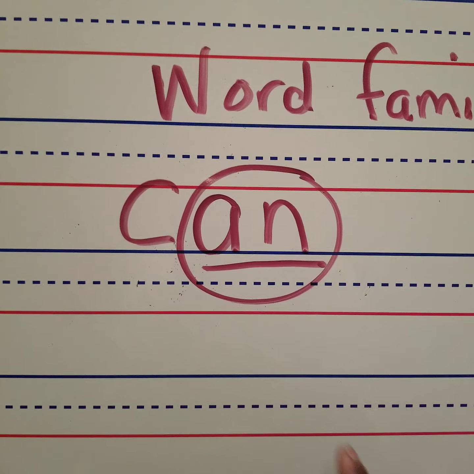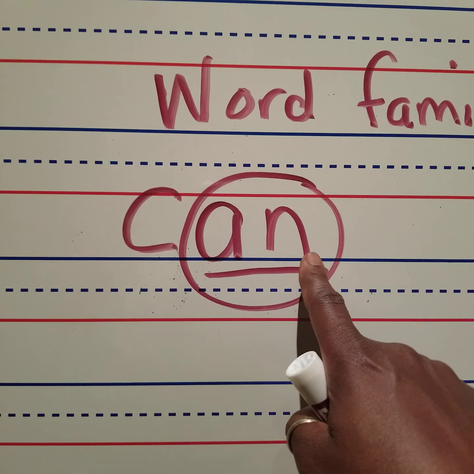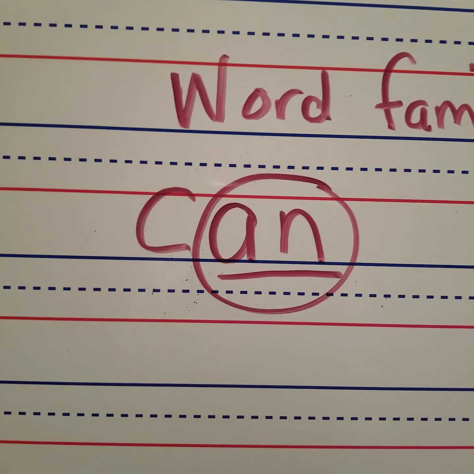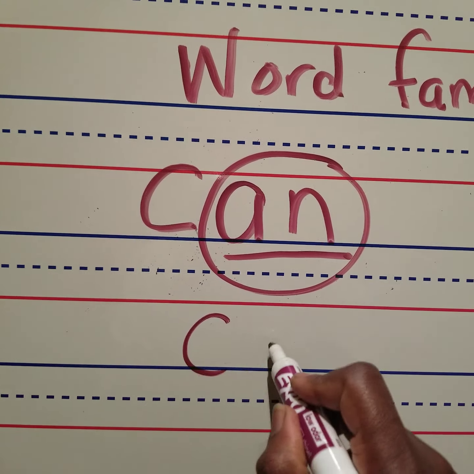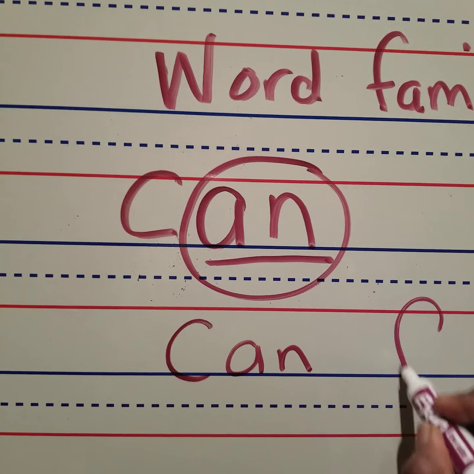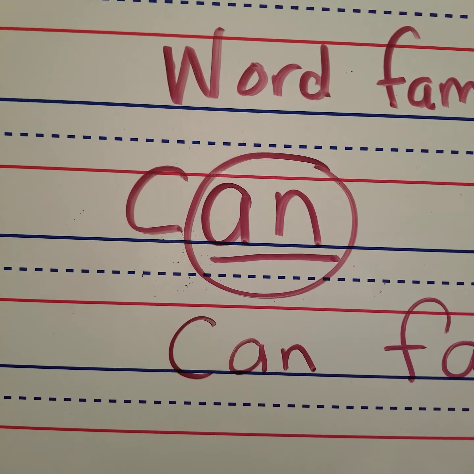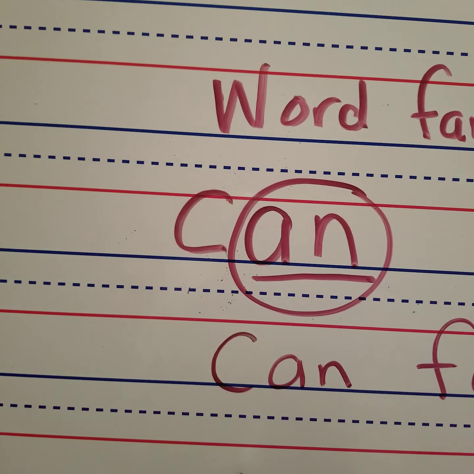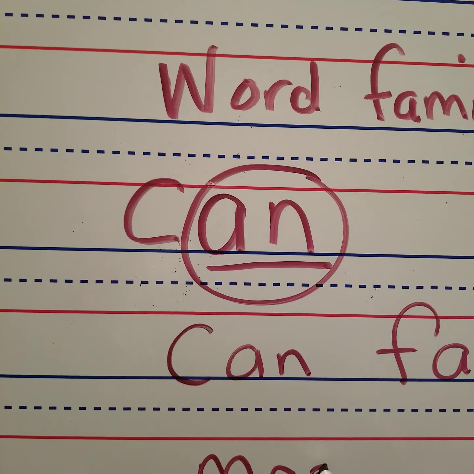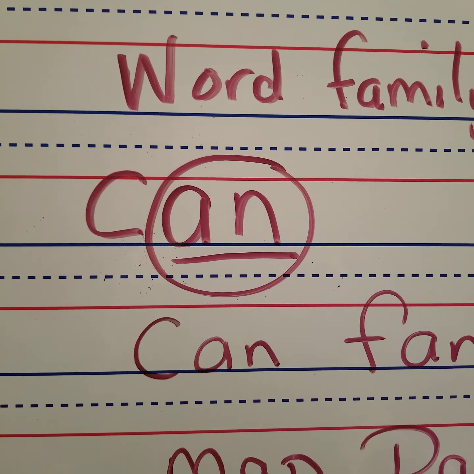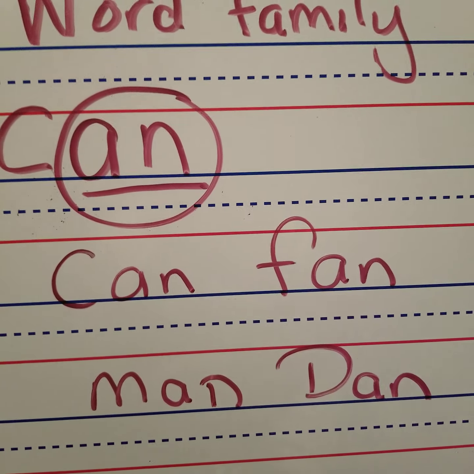So for example, if I gave you the word and then on your attendance sheet, you would write can and fan. All right. Or you can write man and Dan. Dan is a name, so I'm going to capitalize it.